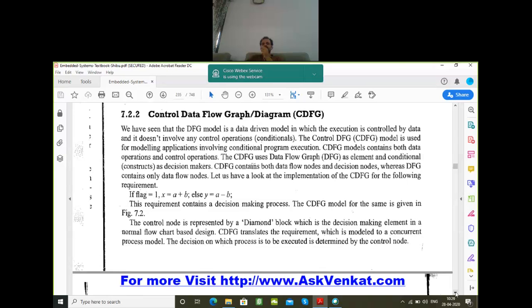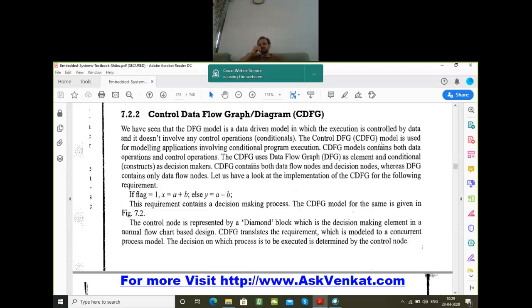So in the data flow model what we saw was that operation is controlled by data and there are no control operations. Now we are going to discuss the control data flow graph, CDFG. In this, program execution depends on the control signal.